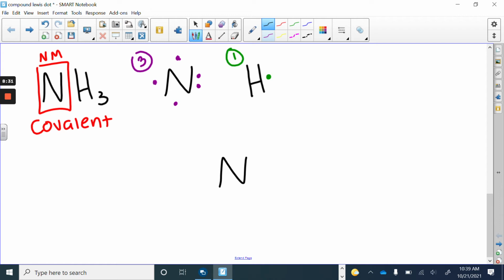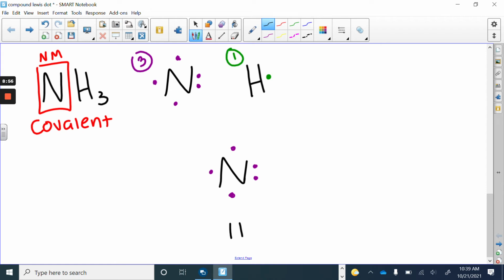Draw the valence electrons for nitrogen. Add the hydrogens around. Remember, we have to place them where the bonds are going to form.